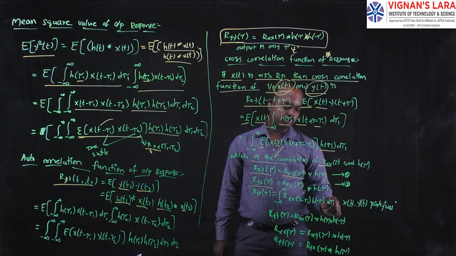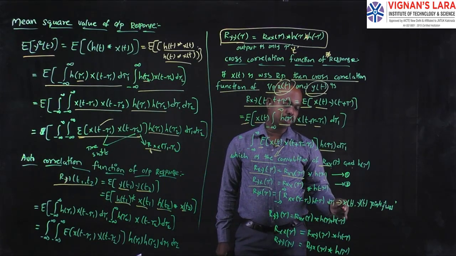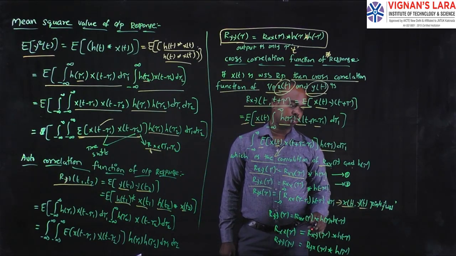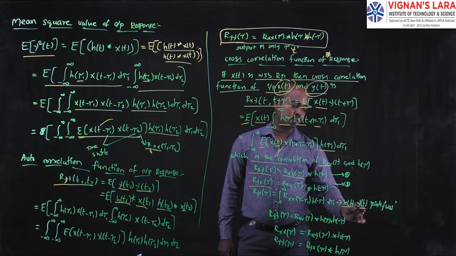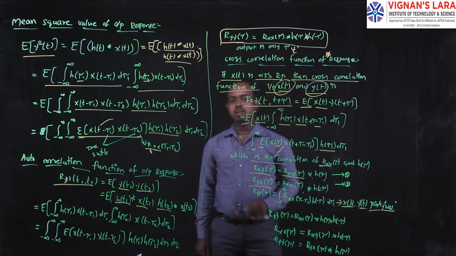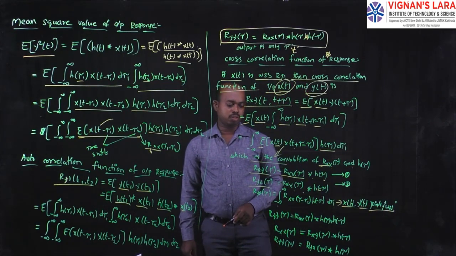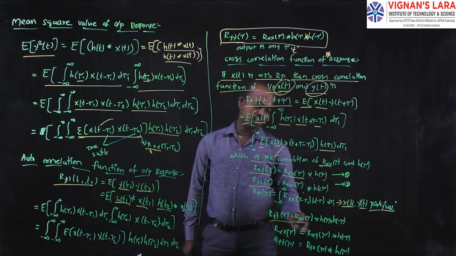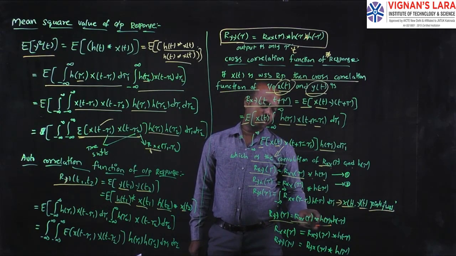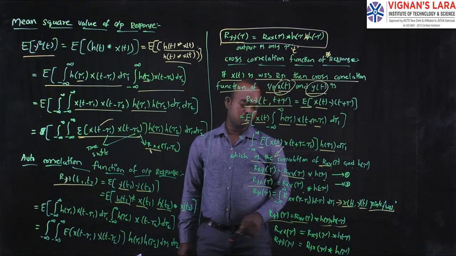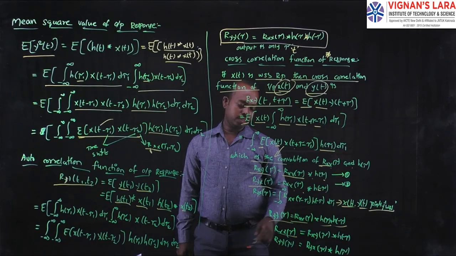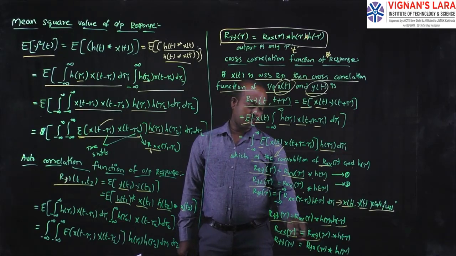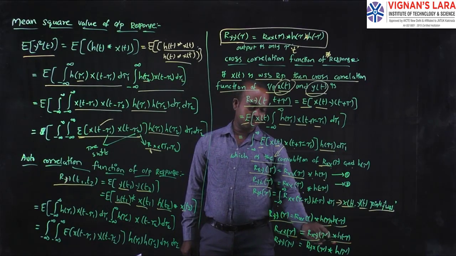From this equation we can say that x of t and y of t are both jointly WSS random processes. And Ryy of tau is equal to Rxs of tau convolution with h of tau and h of minus tau. Similarly, Rxs of tau is equal to Rxy of tau with h of minus tau.